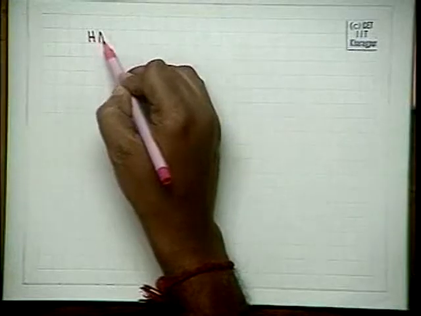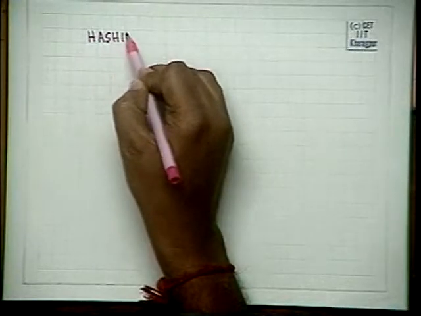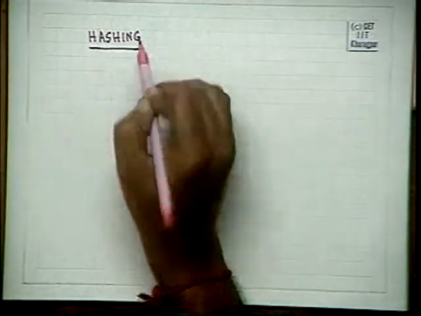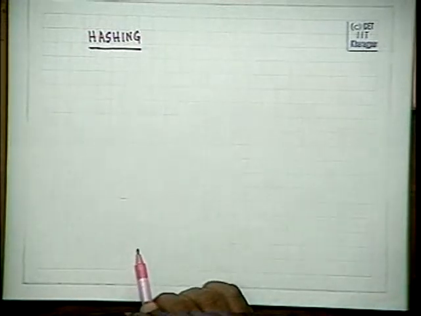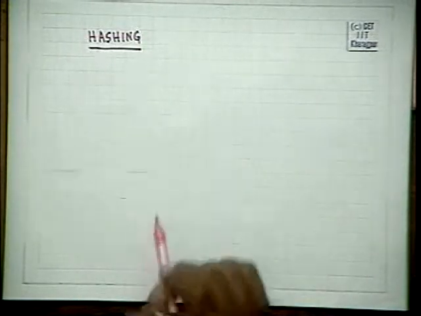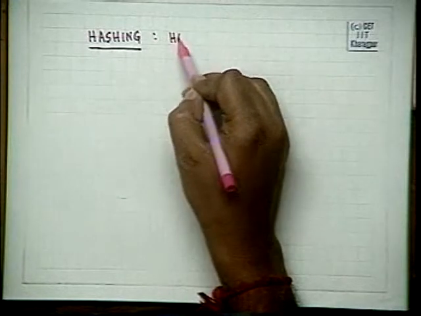There are other types of file structures, of which hashing is a very popular technique which is used for indexing, which is known as hashed index.